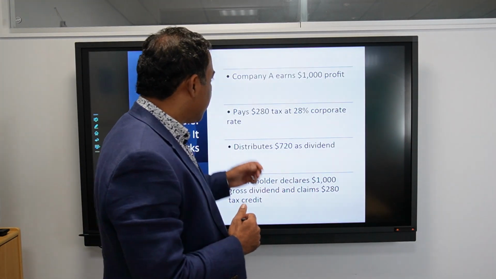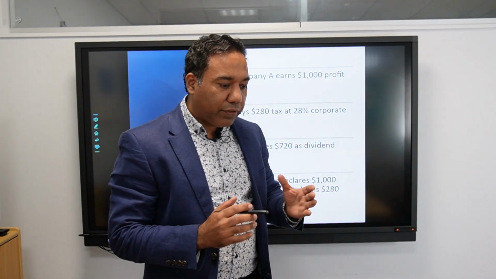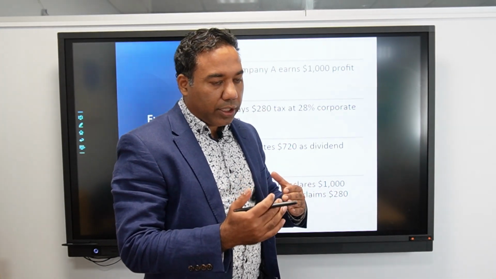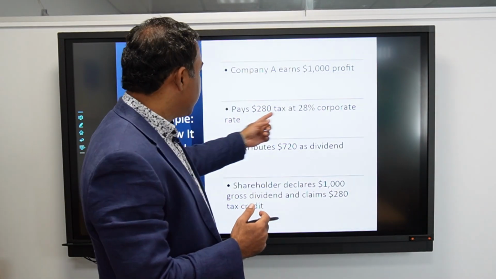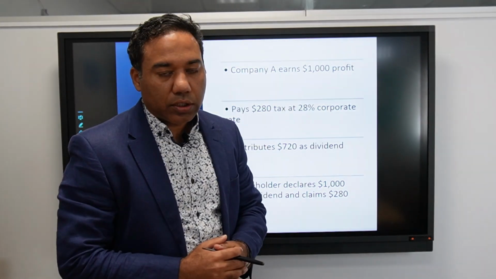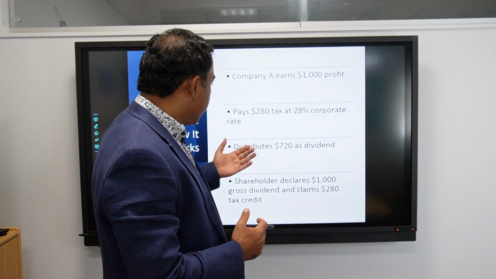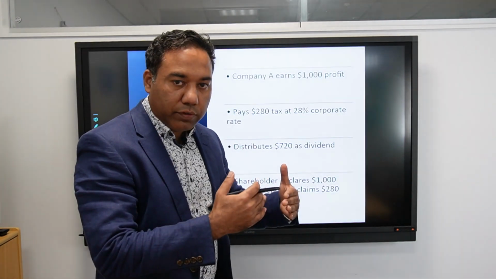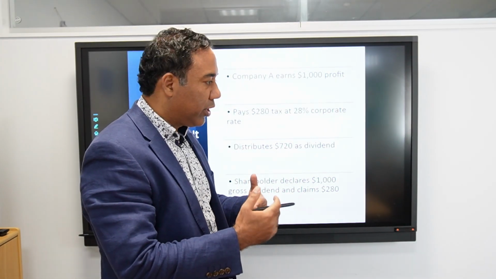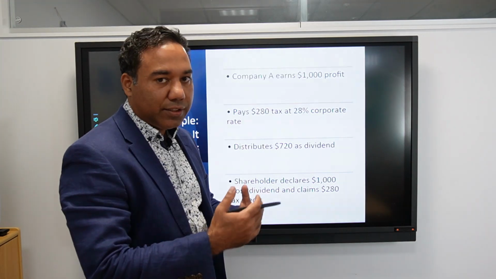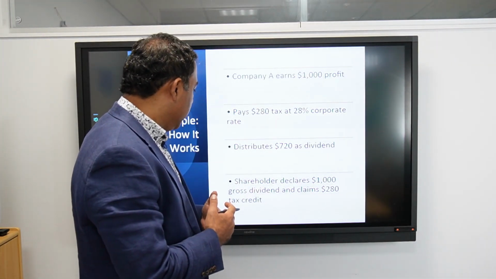To give an example, let's say a company has a $1,000 profit and the tax rate is 28%, which means $280 tax is paid by the corporation, which is the company. Now the distribution, which is the balance left, 280 gone, 720 left, is paid as a dividend to the shareholder.